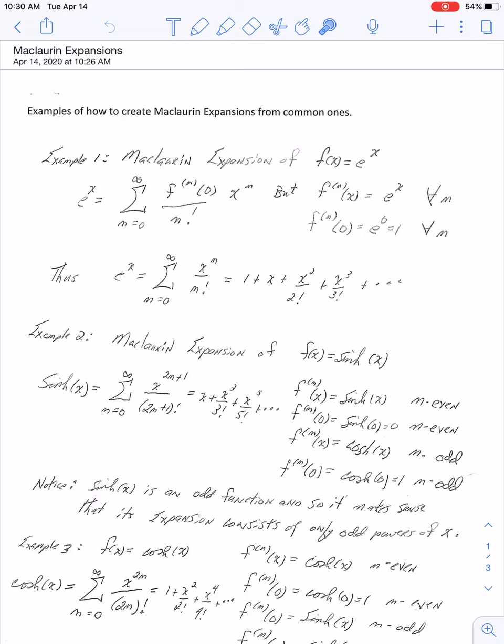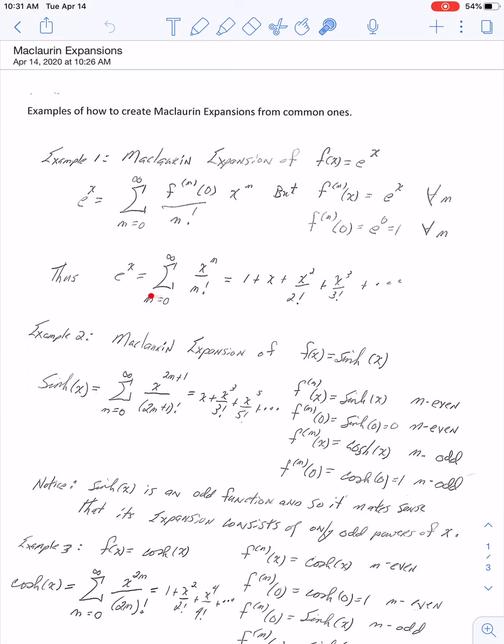Okay, now I'm going to plug in 0 here. Then f upper n at 0 is just e to the 0, which of course is 1. And this is true for any n. So everywhere I see an f upper n of 0, I just stick in 1. What does that give me? The summation n running from 0 to infinity of x to the n over n factorial.